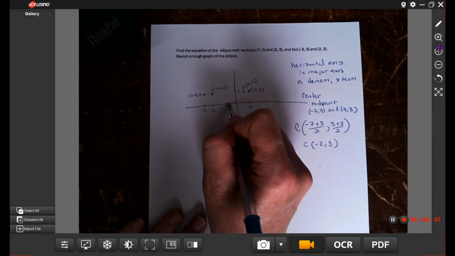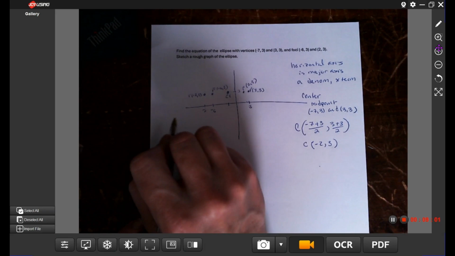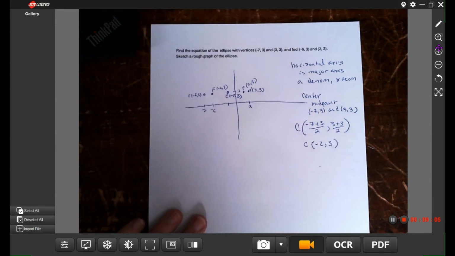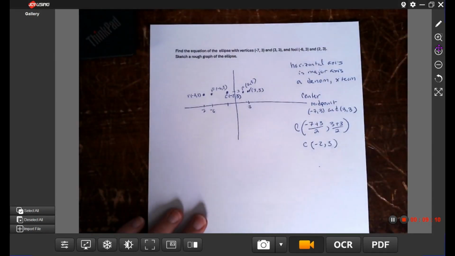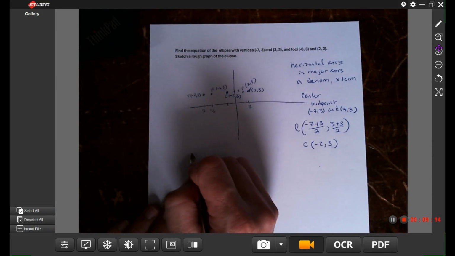So let's see if that corresponds to what it should look like. Does that look right? Looks right to me. -2, 3. Okay, so I've got all the information about my horizontal axis. So let's start building our equation, because that was the goal.